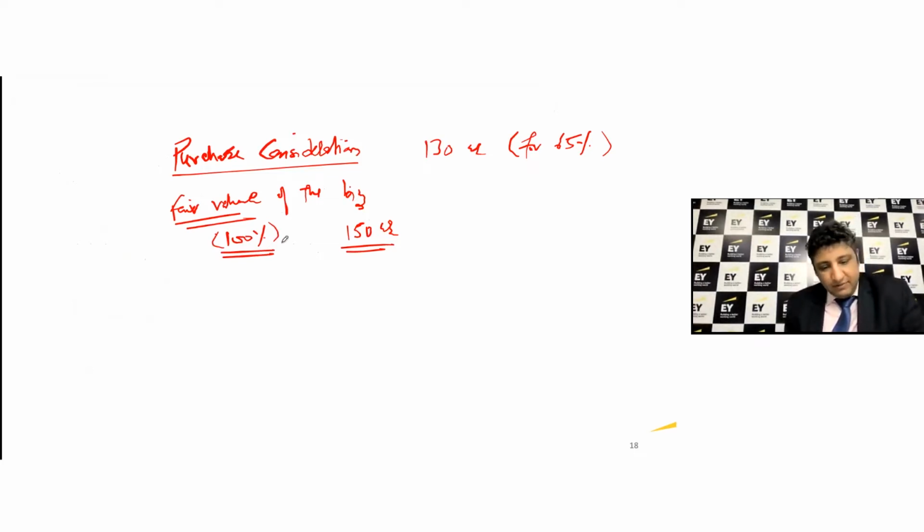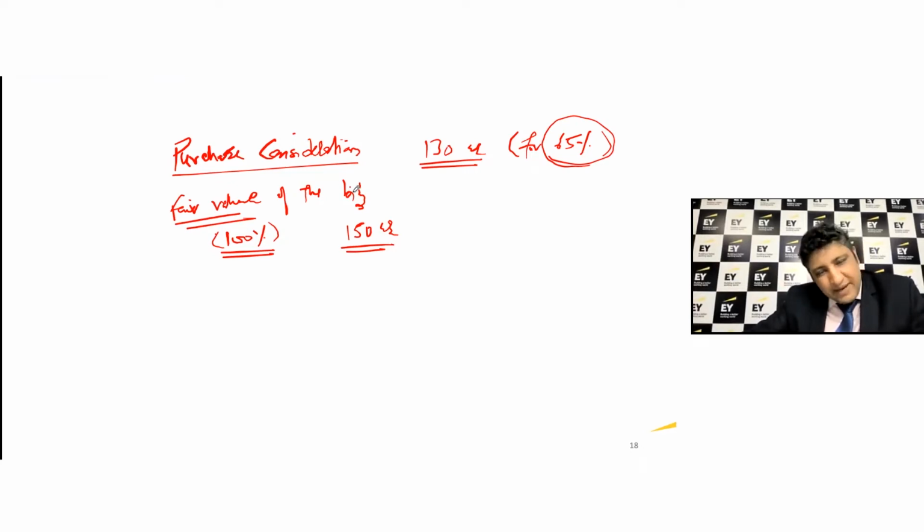But then this represents 100% of the business. The worth of the business is 150 crores for 100% of the shares. You are acquiring a 65% stake at 130 crores. What is the premium that you are paying for that 65%?